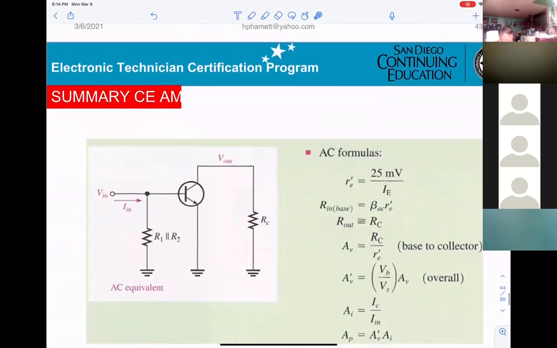And this is the AC part. They give it to you: R prime E equals 25 millivolt divided by IE.